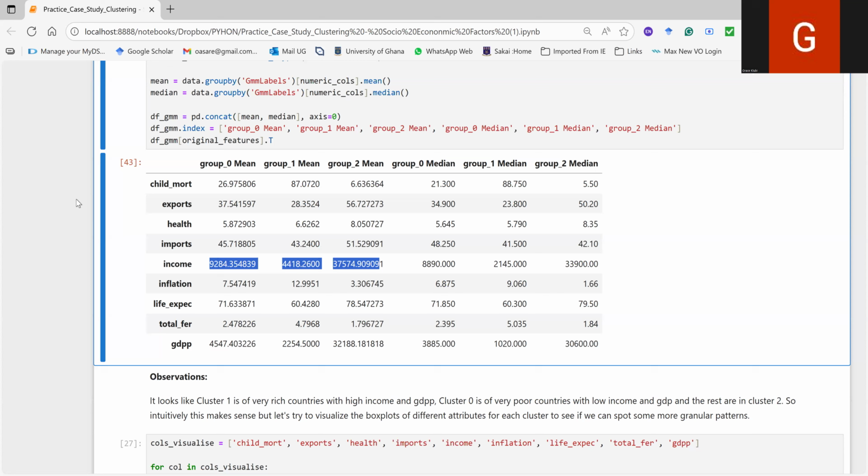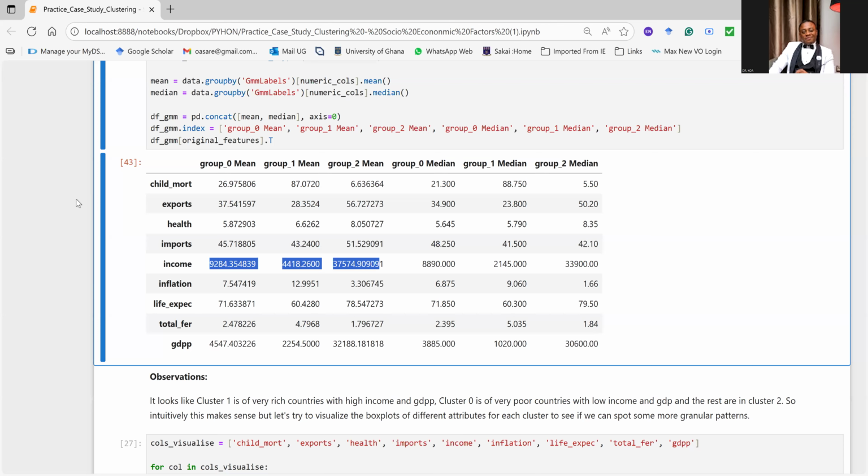Yes, Grace. Yes, cluster 2. And which is having the poorest income? Cluster 1. So again, you should be able to edit your Jupyter Notebook observation based on the results you are working with. That's it.